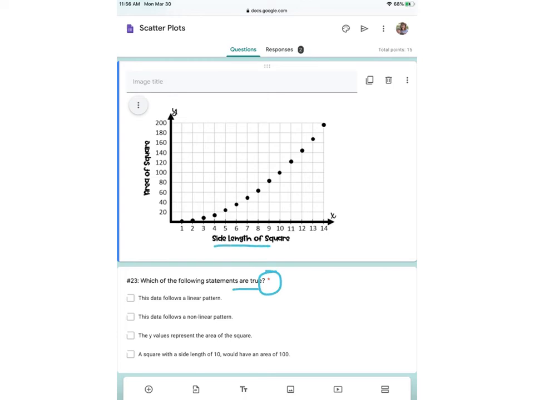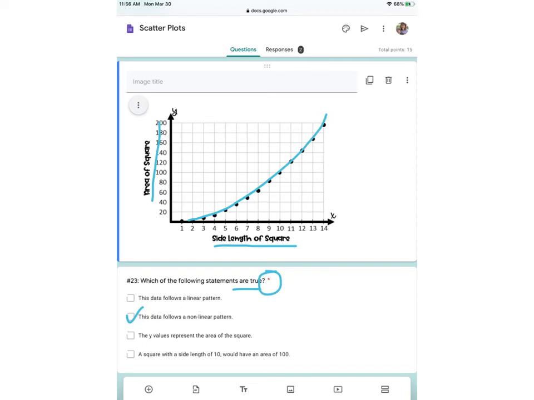We're looking at the side lengths of a square and the area. So the more side lengths, it looks like the area increases. Kind of looks a little curvy. Let's see, it's linear or nonlinear. I might go ahead and say this is nonlinear. I do kind of see a curve to the data.